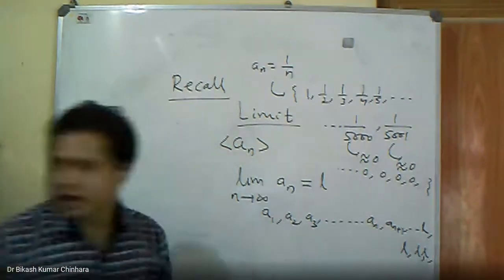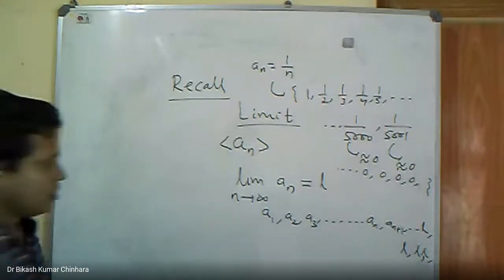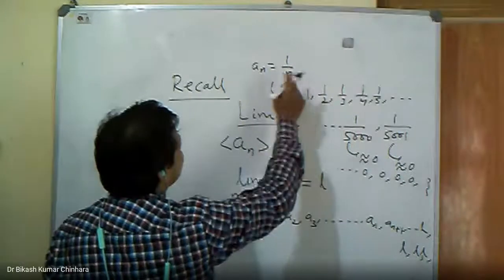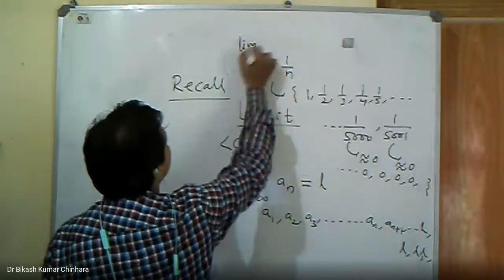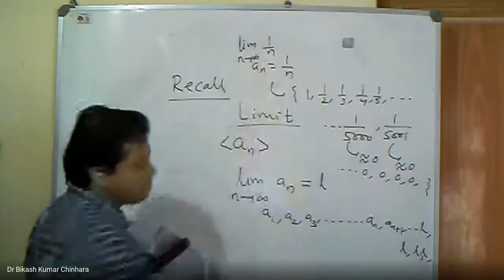And here, what is the restriction? Here I am just taking a_n, so my variable is n. Suppose here a_n is equal to 1 by n. Whenever I am writing limit n tends to infinity of 1 by n, then n is behaving like a variable.